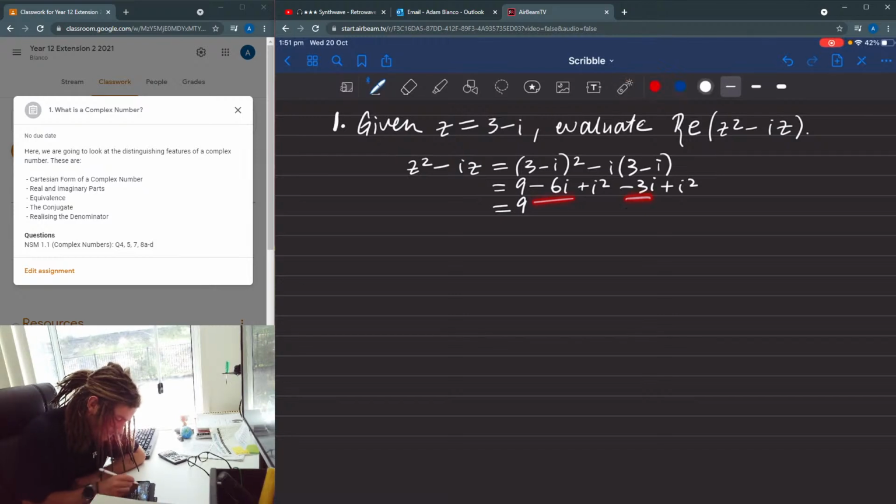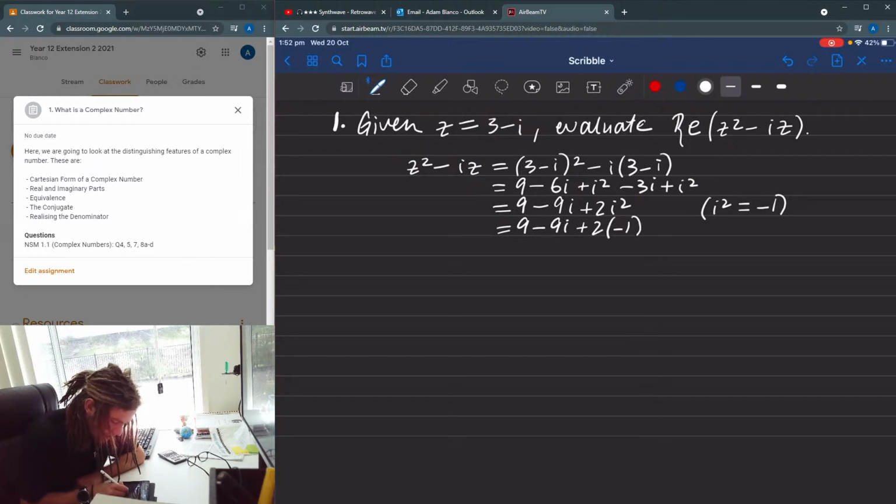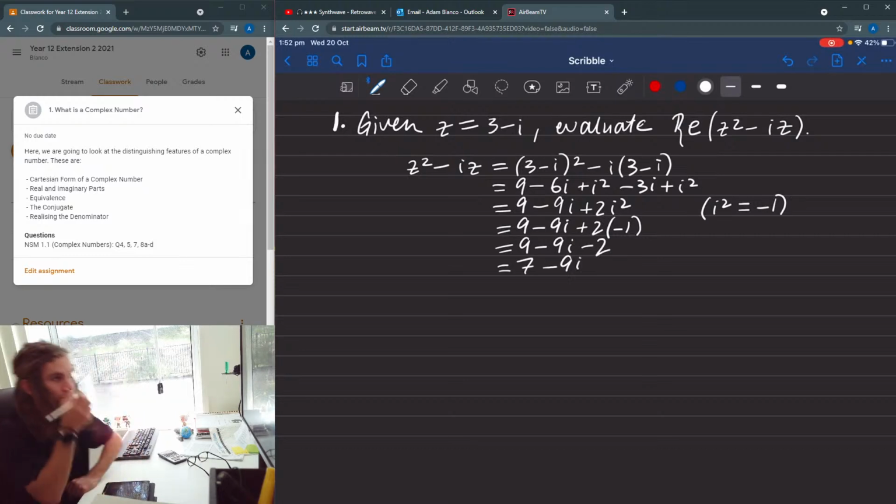This and this make minus 9i, plus i squared, that's plus 2i squared. Now keep in mind that i squared is equal to minus 1. So then 9 minus 9i plus 2 times minus 1. So it's going to be 9 minus 9i minus 2. So that's going to be 7 minus 9i. Okay, is that correct? Yes, it is.